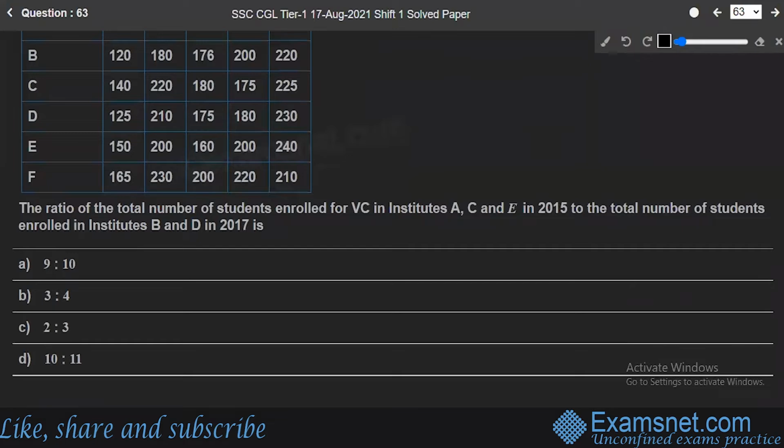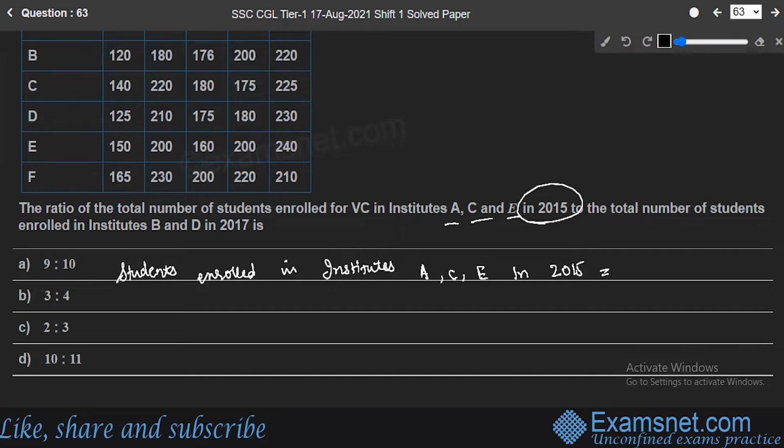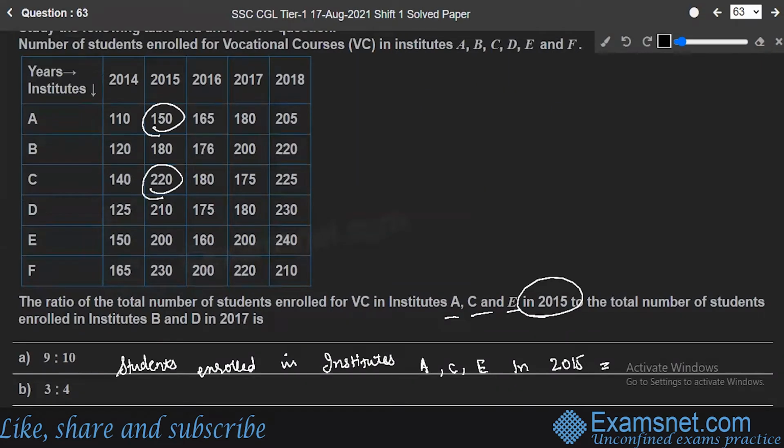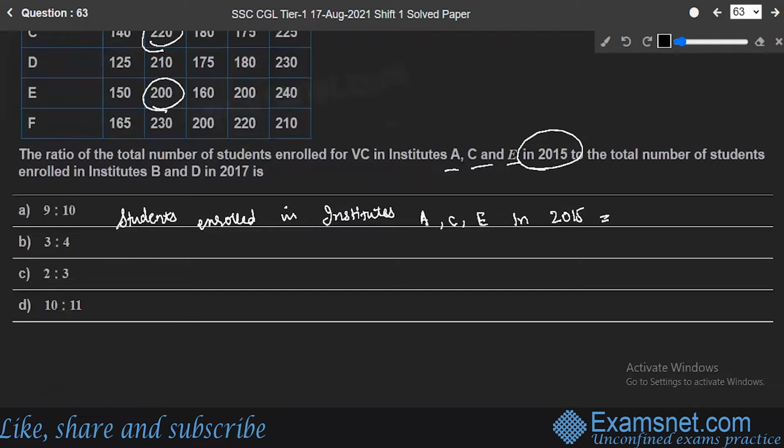In this question, first of all, let's see the total number of students enrolled in institutes A, C, and E in 2015. This is 2015, so 150, 220, and 200. Let's add them. 150 plus 220 plus 200 gives you a total of 570.